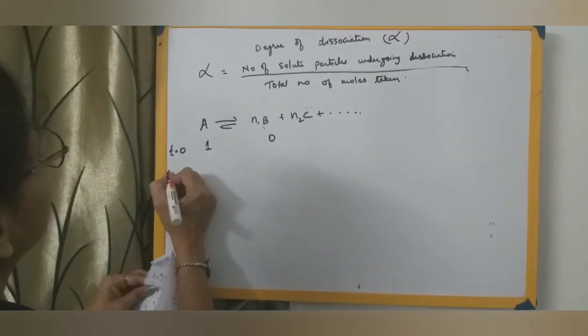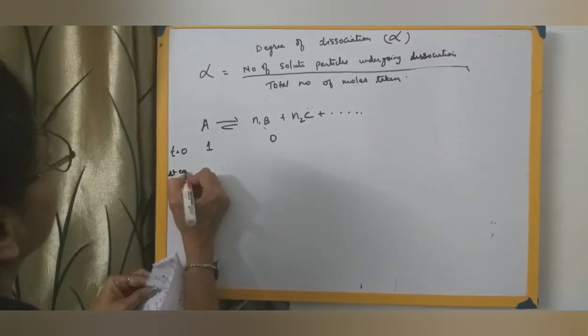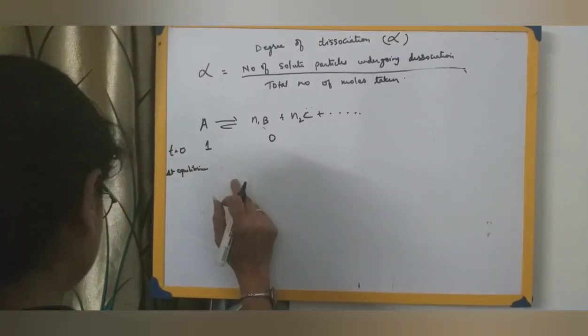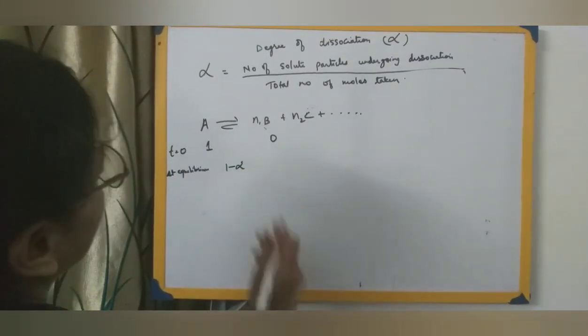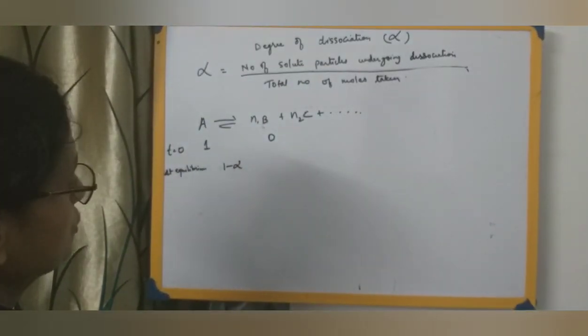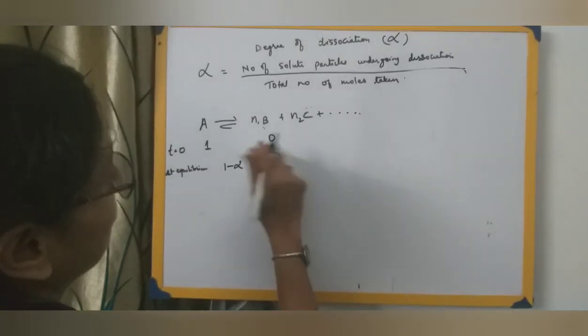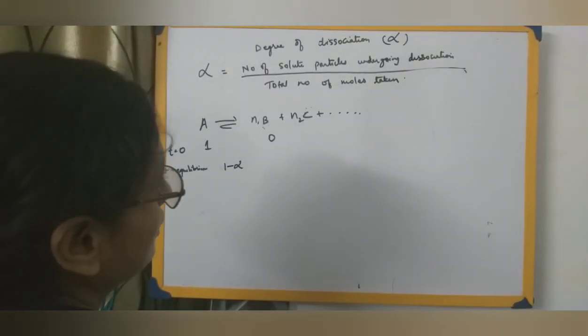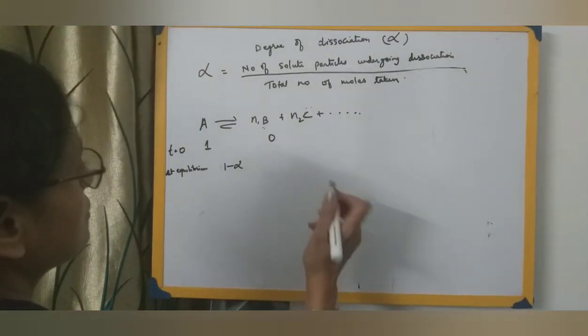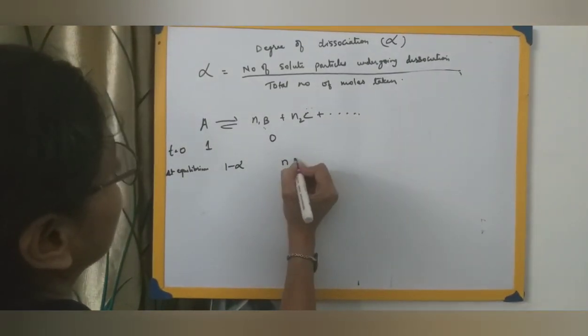At equilibrium, this will be A, 1 minus alpha, because initially it was 1 and the degree of dissociation is alpha. And this will be the many fragments it is forming, so this will be n alpha.